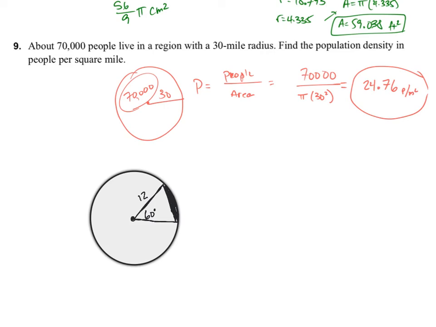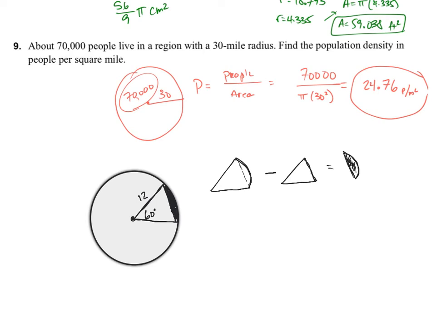All right, so what we have to do is we have to take, or this segment I should say, we have to take the whole pizza slice, the way I like to think of it, which is the sector, subtract out the pizza that has the toppings, and I will be left with the crust. So this is the part I'm subtracting out, this triangle right in there, and I'll be left with the crust, which is what I'm looking for in this problem.